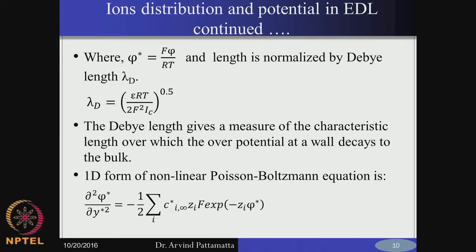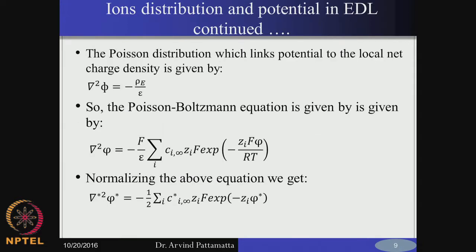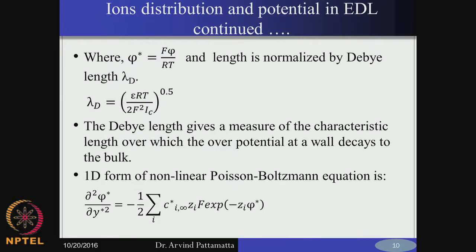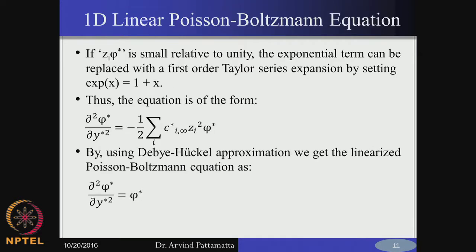So, this becomes d square phi star by d y star square. On the right hand side, I have the Boltzmann distribution function. Now, this is a nonlinear equation. So, if you want to solve this analytically, we make an assumption to make this a linear equation. So, how do we linearize this equation?